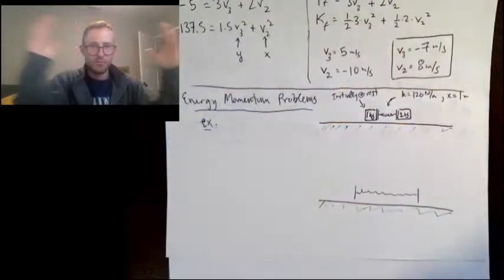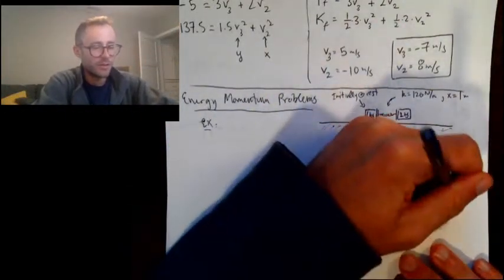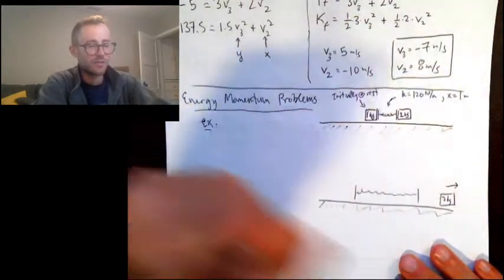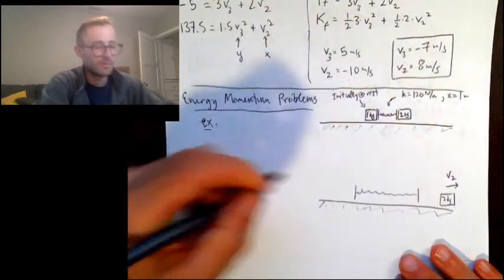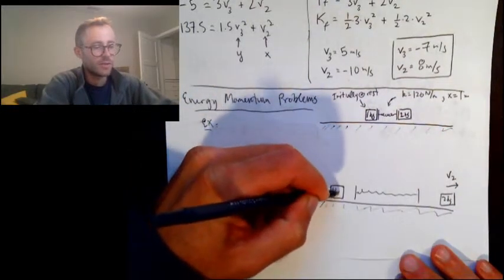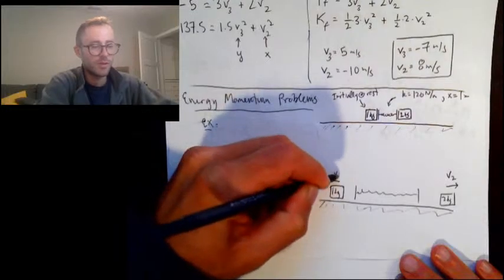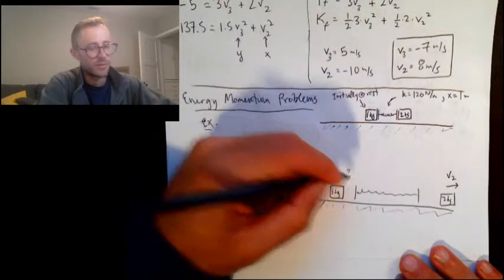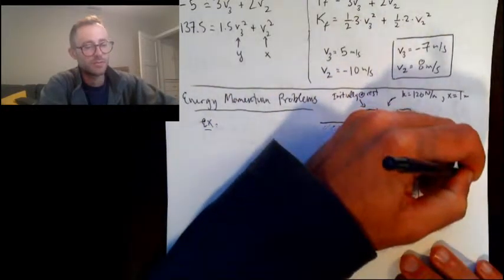It decompresses, and the 2 kilogram mass gets sent off in this direction, so that's going to be called V2, and the 1 kilogram mass gets sent off in this direction, which I will call V1. And we want to know, what are the final velocities of these masses?